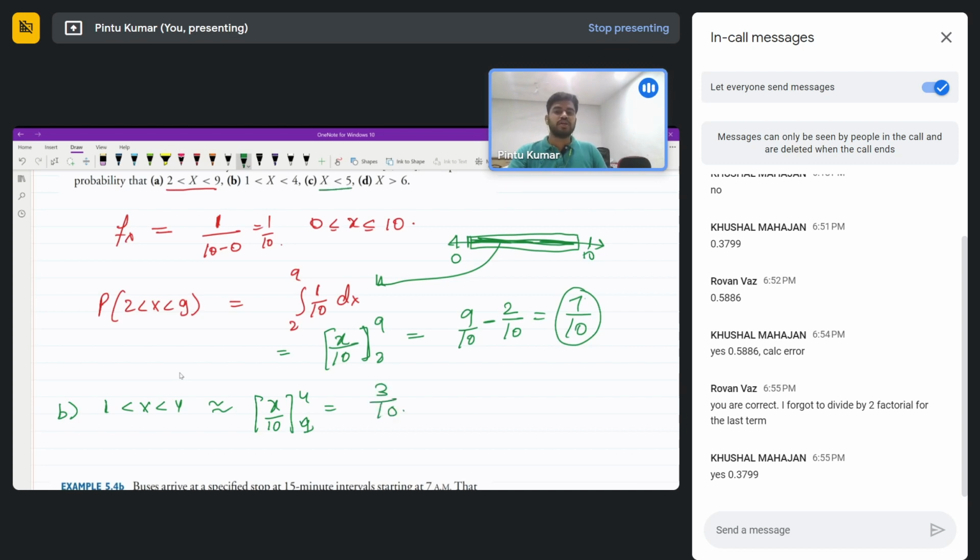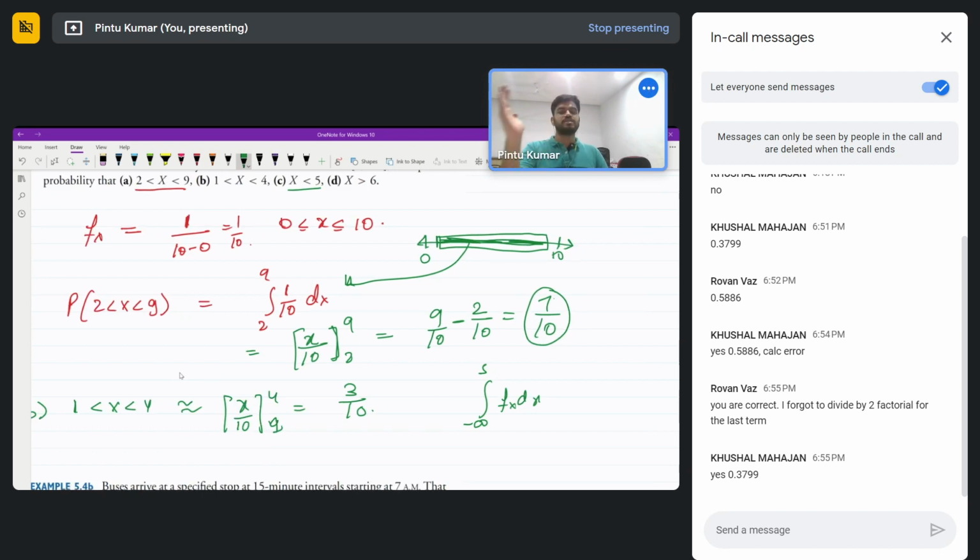C part says that your x is less than 5. So you would be integrating from minus infinity to 5, not 1 by 10 dx, but f of x dx, right? The value of f of x for x less than 0 is 0. So this is equivalent to 0 from minus infinity to 0 dx plus 1 by 10 from 0 to 5 dx.